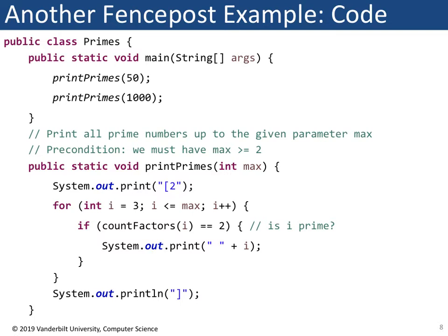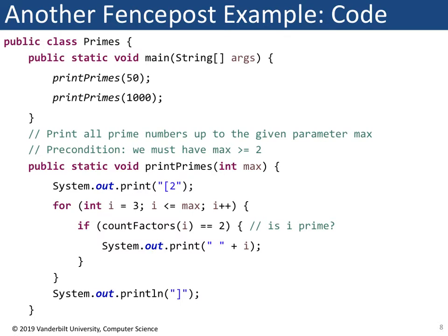Then i takes on the value 4 because of our update. And is 4 less than max? Well, our max was 50. So yes, it's less than or equal to max. So countFactors of 4 is going to return 3, right? 1, 2, and 4.